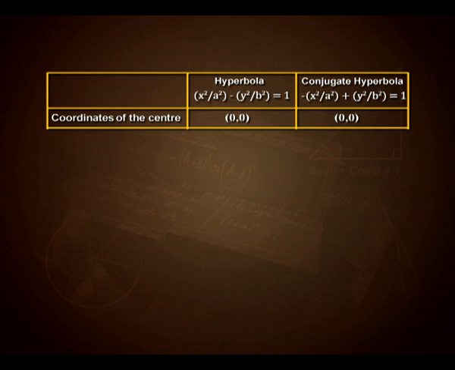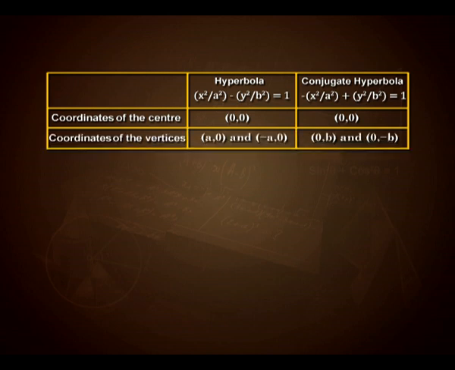It is origin in both the cases, that is 0, 0. What about the coordinates of the vertices for hyperbola? They are (a, 0) and (−a, 0). In the case of conjugate hyperbola, the coordinates of the vertices will be (0, b) and (0, −b).